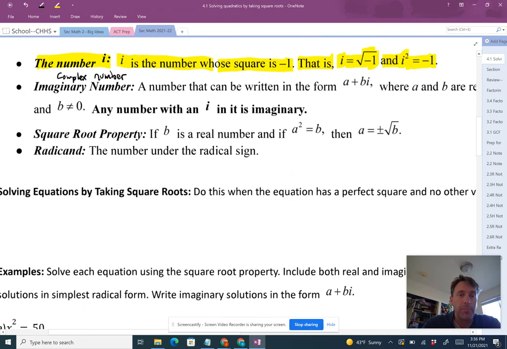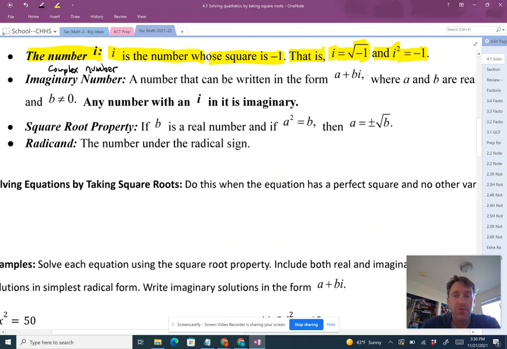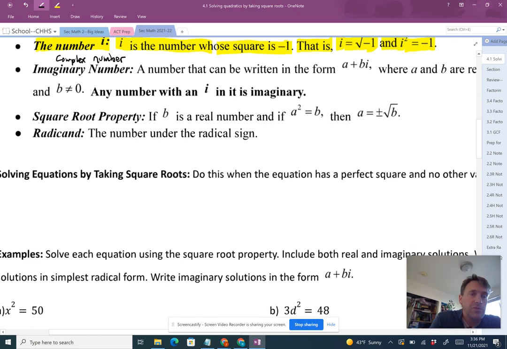The square root property: if b is a real number and if a squared equals b, then a equals plus or minus the square root of b. And this is what we use a lot for taking the square roots of quadratic equations. The radicand is the number under the radical sign.